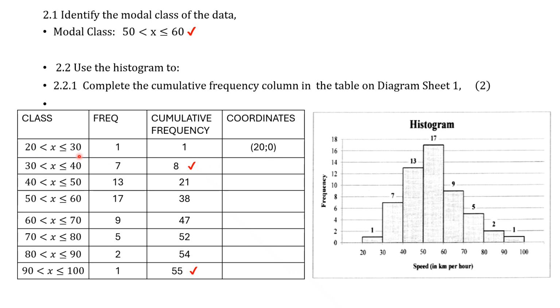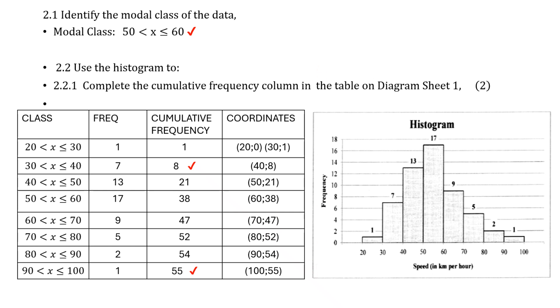After that, 30 and 1, 40 and 8, 50 and 21, going in that order, 60 and 38, 70 and 47, 80 and 52, 90 and 54, 100 and 55. So there are my coordinates.